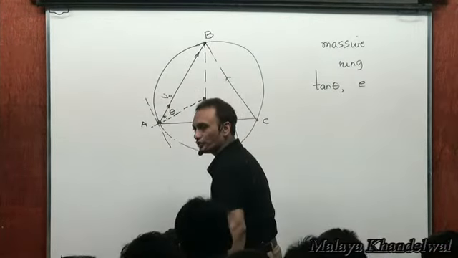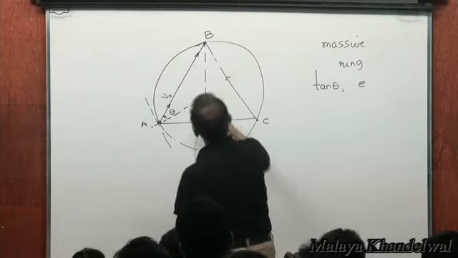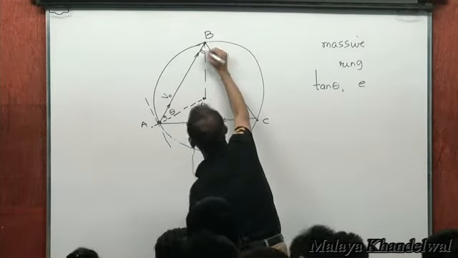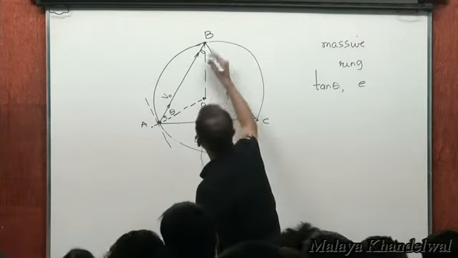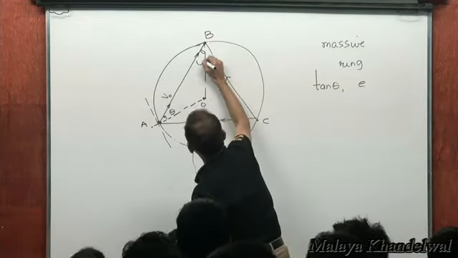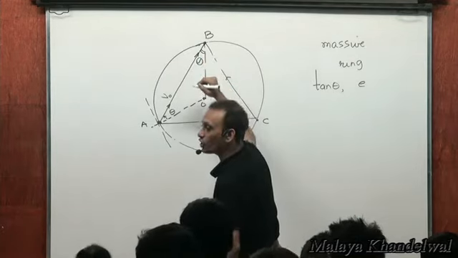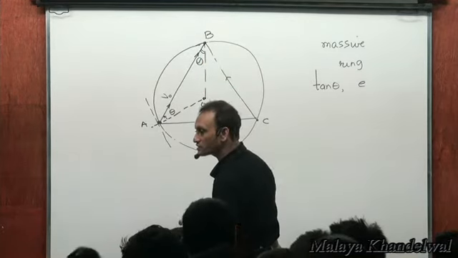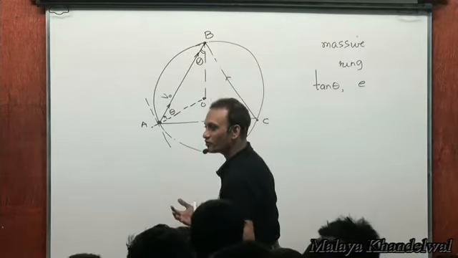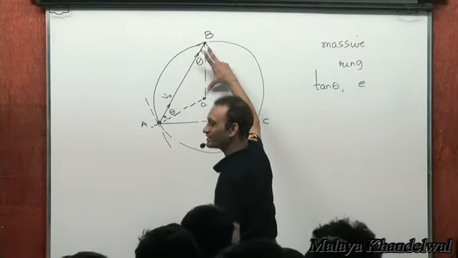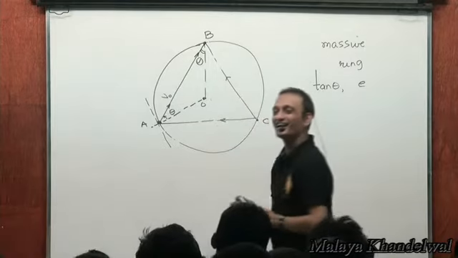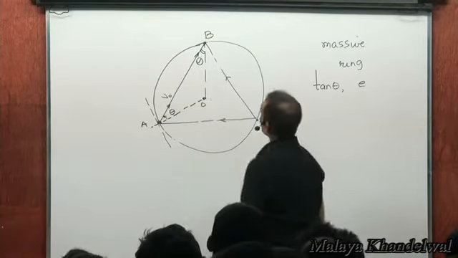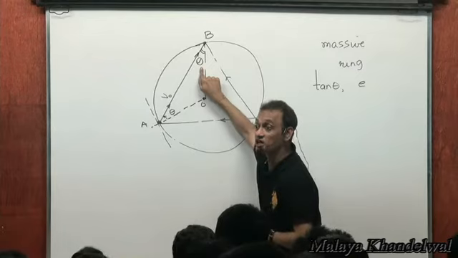Now when it's impacting at B, the radius at the point of impact would be the common normal direction at B. And if this is theta, what is this? Theta here, isosceles triangle. Just because you are in class 11, you are not going to forget what you learnt in class 6 or maybe 5 or 7. So the angle of incidence is theta.